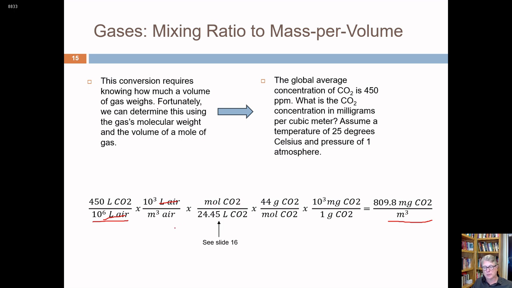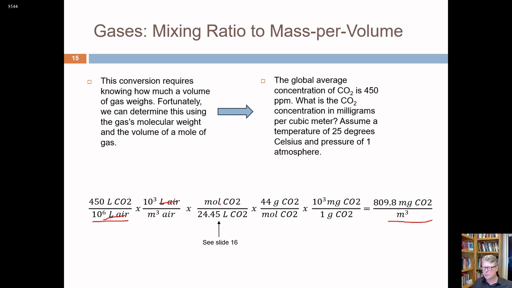So bear with me here. We're going to proceed with this conversion step right now, and then we're going to go to slide 16 and take a look at where this comes from. Okay, so we're going to convert our liters of CO2 to moles of CO2.